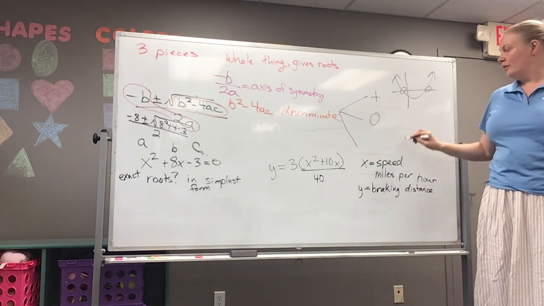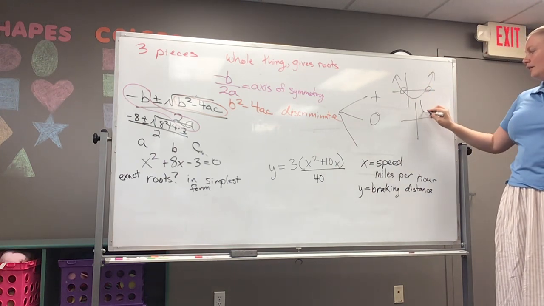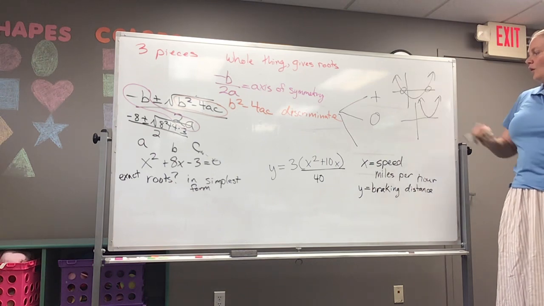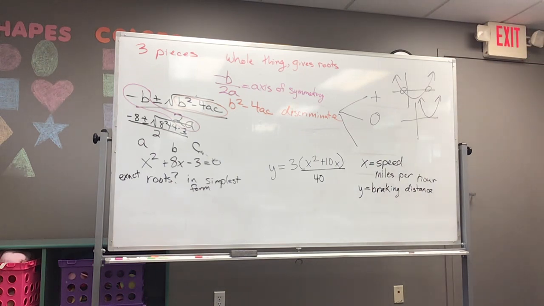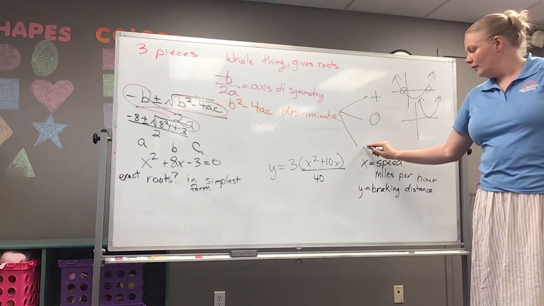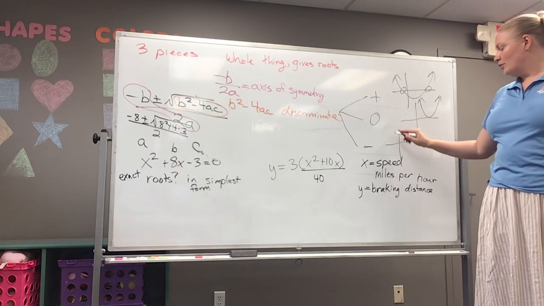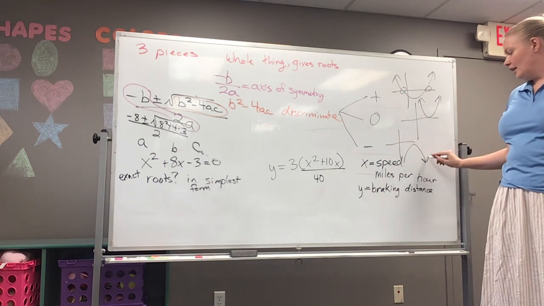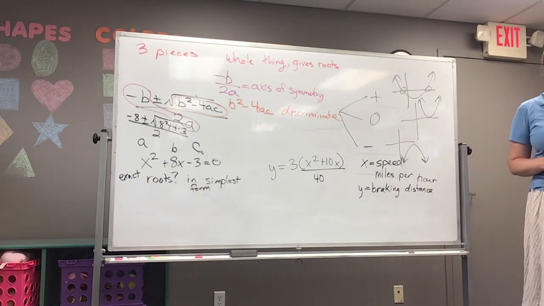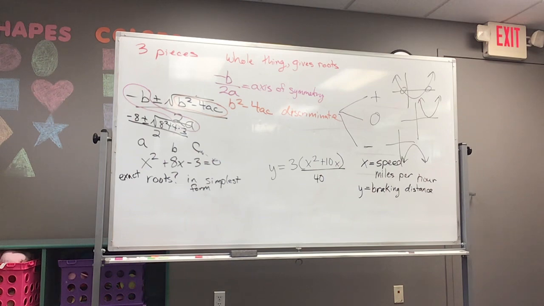If it's 0, our graph looks something like this, where it only touches and has one real solution. And if it's negative, that's when we have those imaginary, no real solutions. It doesn't cross that x-axis. And so there's no true answer.